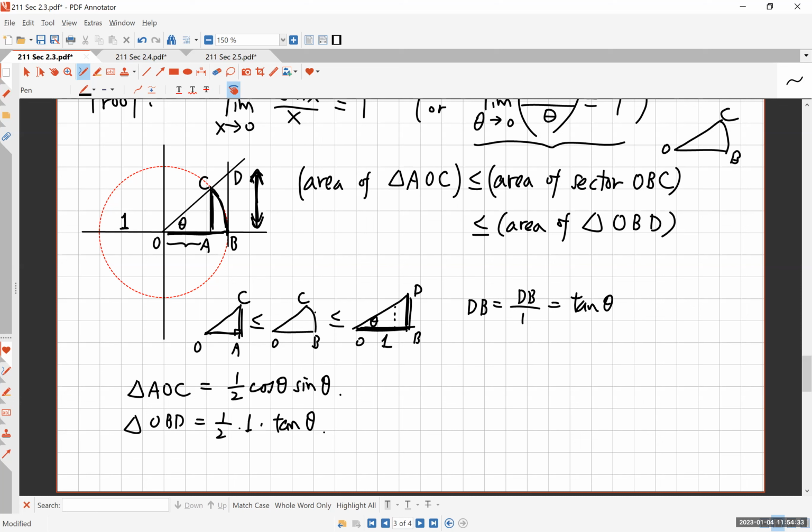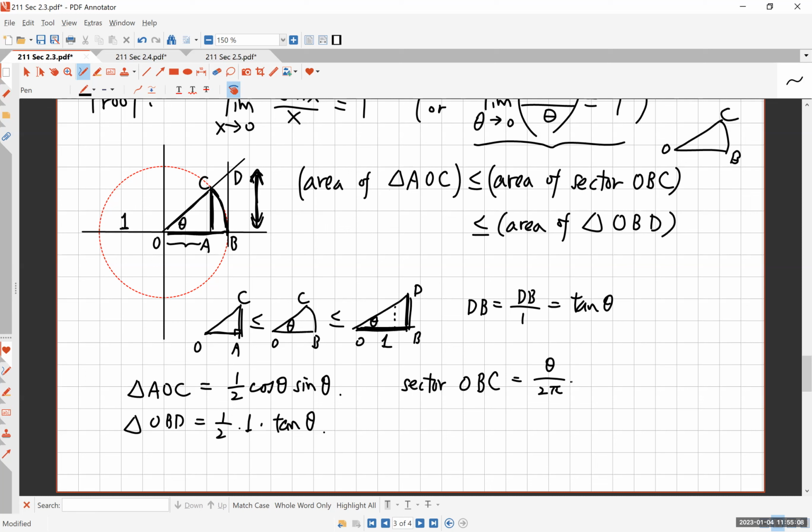A tricky thing is this one, the sector. Okay, so sector OBC, you have this theta. This is theta over 2 pi. Now, this is the proportion out of the entire circle, right? If theta is 45 degrees over 360, that's the proportion of this sector, the piece of pie, relative to the whole circle. Now, you know what the whole circle area is? The area of the entire circle of radius 1 is pi r squared, where r is equal to 1.